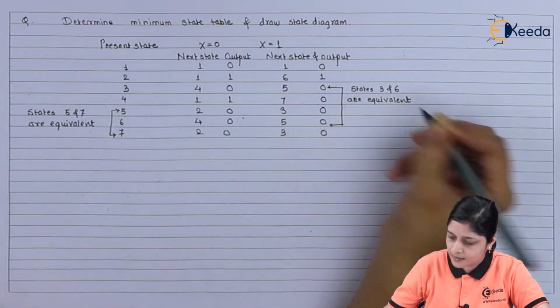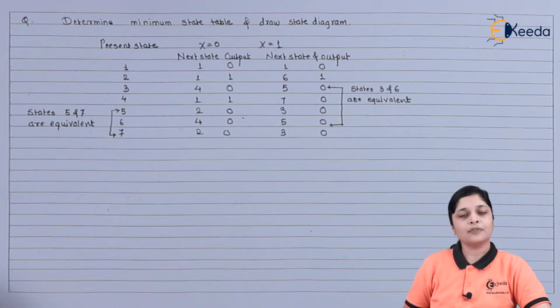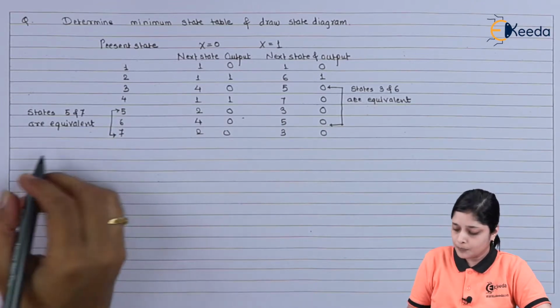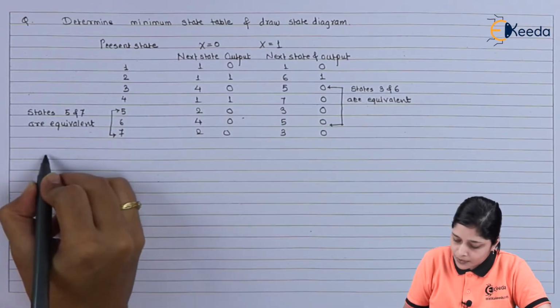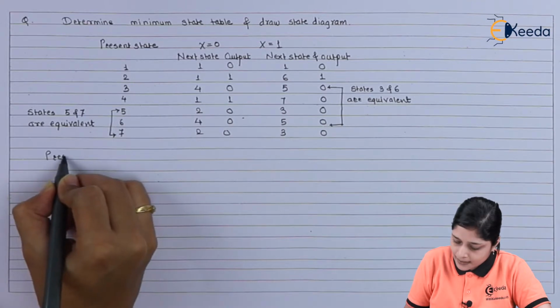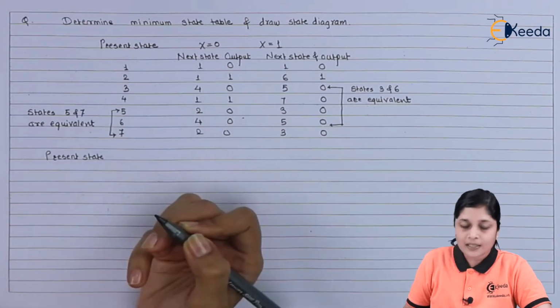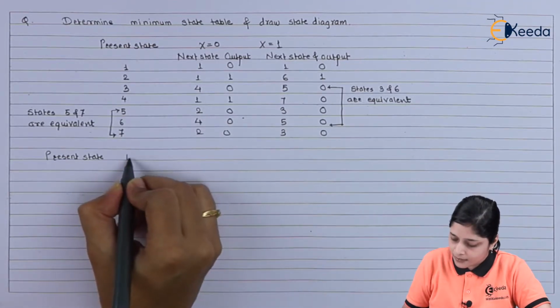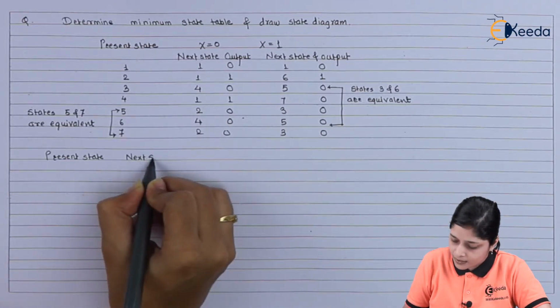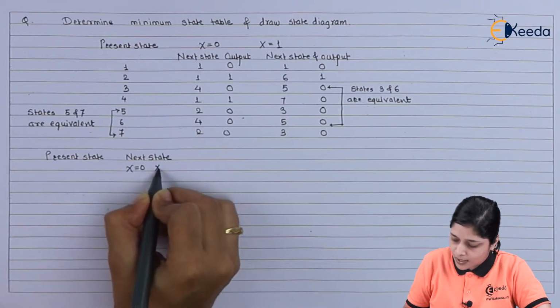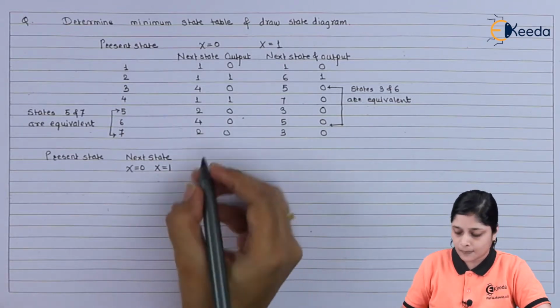Now we will modify the state table and draw the reduced form of the state table. In the first column we write the present state, then the next state for x equals 0 and for x equals 1.